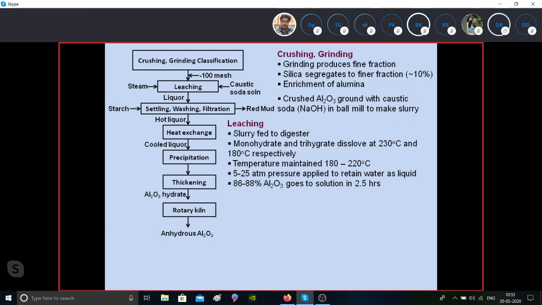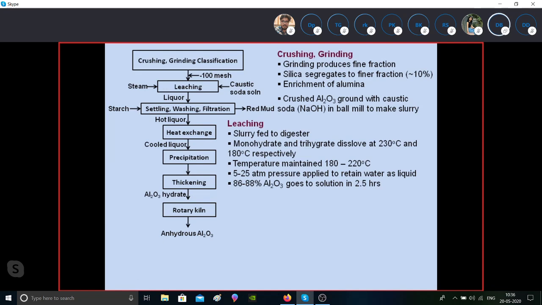An autoclave is basically made of steel, a cylindrical unit or some other shape, but conventionally what I have seen is a cylindrical unit of different capacity. It can be operated at a fairly high temperature. For hydrometallurgy, 500 looks like a very high temperature, so by fairly high I mean below 500 or so, and very high pressure can be maintained.